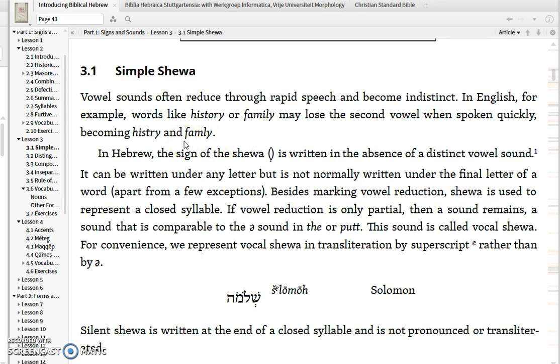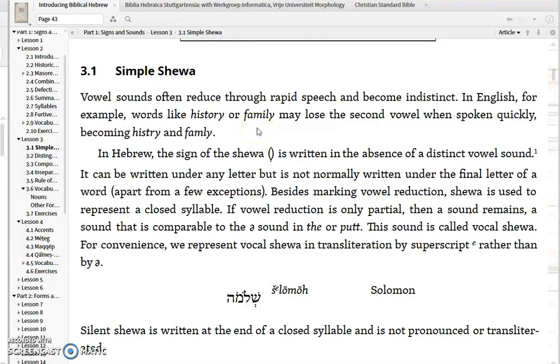When you pronounce it "fam'ly" instead of "family," then you have killed the vowel, and that would be represented in Hebrew script by the symbol for schwa. But even the word family by itself, the I in family, is just a very, very short vowel sound. And so that too is essentially a vocal schwa, even when you pronounce it.